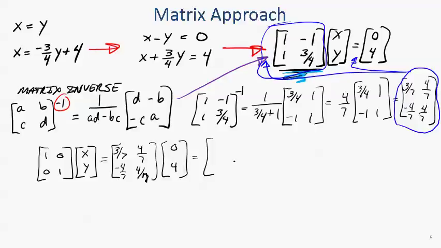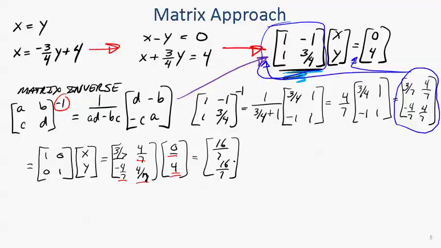If you multiply that out, it's this times this, plus this times this, which gives you 16/7. Then multiplying this times this, and this times that, gives you another 16/7.